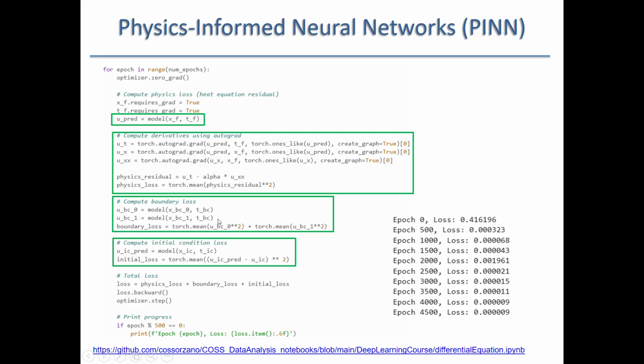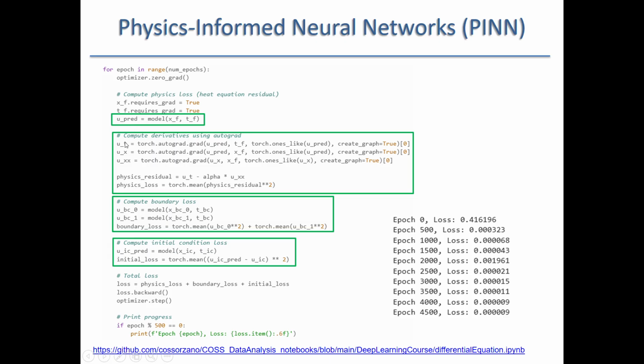Okay, then how do we train this network? The network will make a prediction for the time and space that we are evaluating. So for this space and time, now we compute the derivatives of the predicted u.